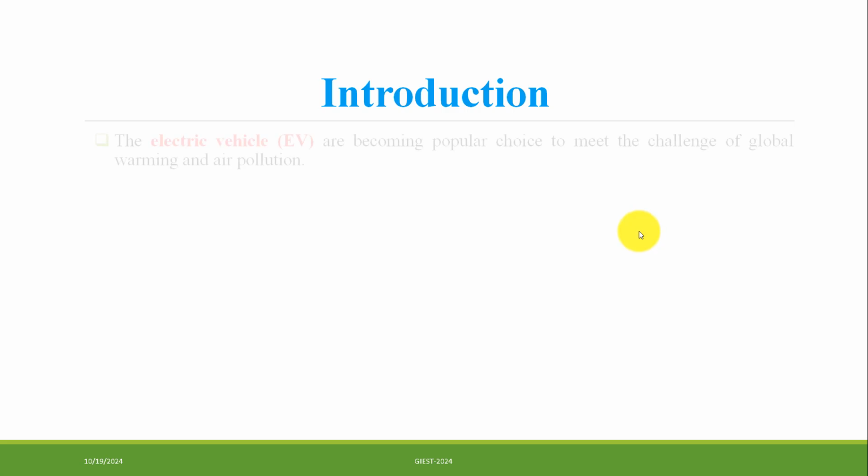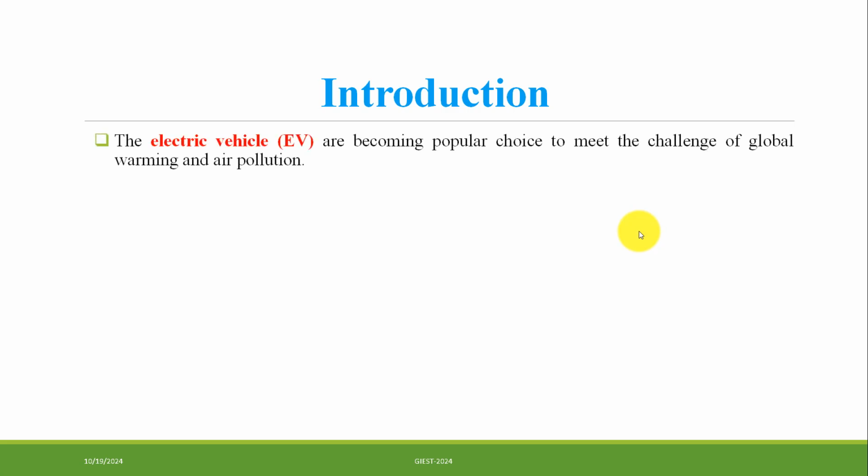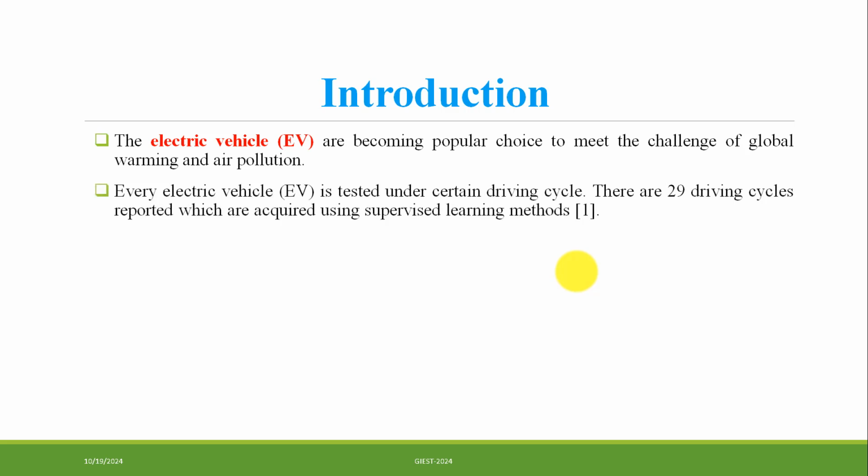Introduction: Electric vehicles (EVs) are becoming a popular choice to meet the challenges of global warming and air pollution. Every electric vehicle is tested under a certain driving cycle. There are 29 driving cycles reported, which are acquired using supervised learning methods.